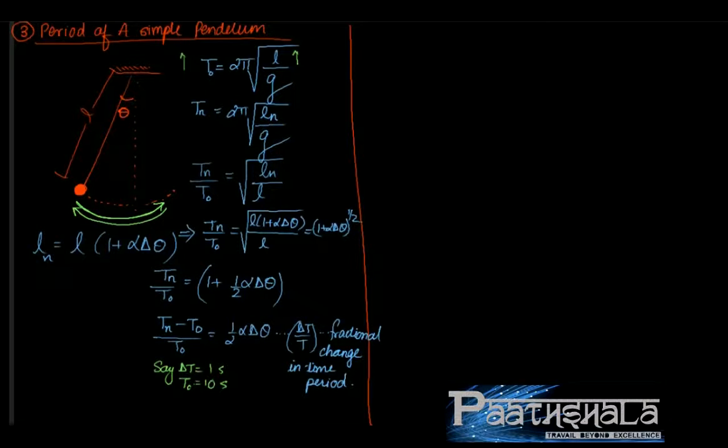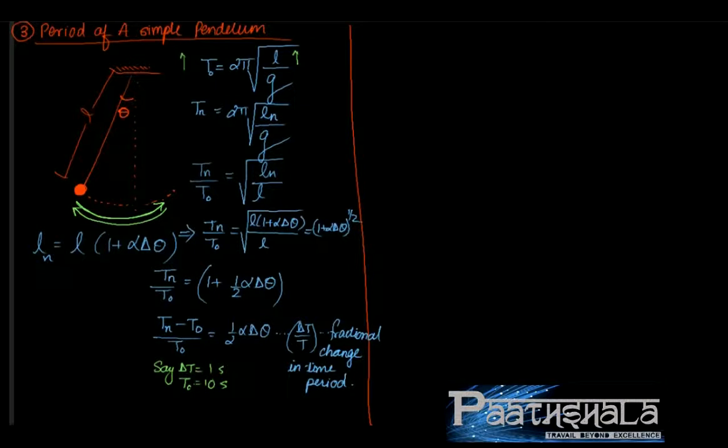So in one oscillation, 10 seconds is required for it to carry out one oscillation. So how many seconds are required for it to carry out 100 oscillations? 1000 seconds are required. And we have seen that in 100 oscillations it loses 100 seconds, because in one oscillation it loses 1 second.